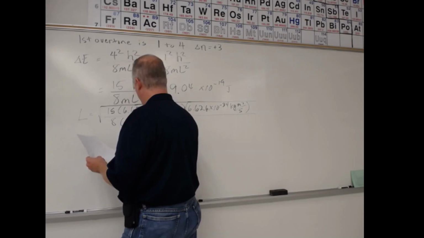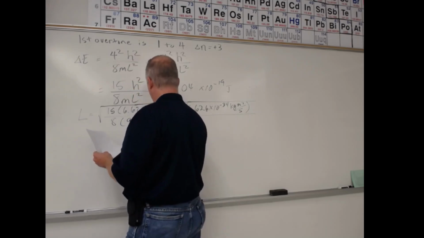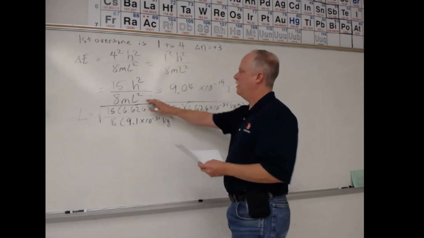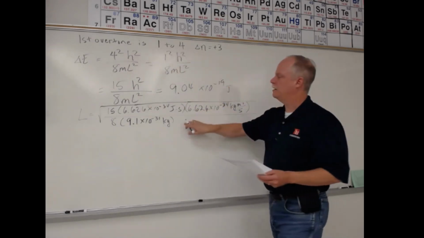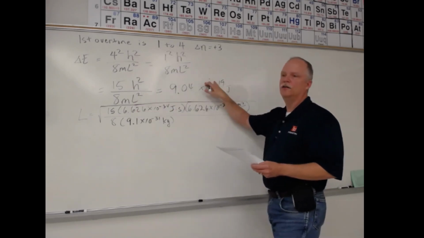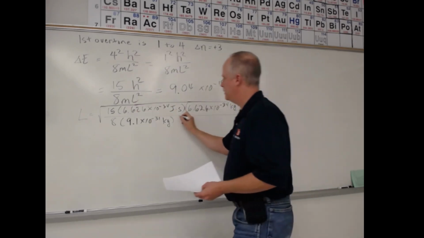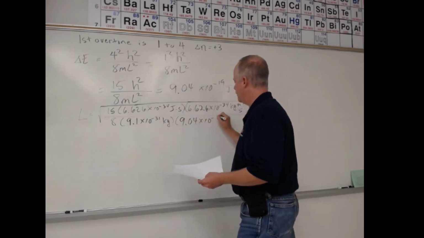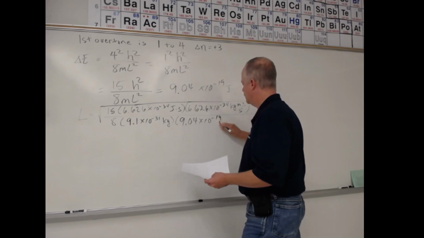Mass of the electron is 9.1 times 10 to the negative 31 kilograms. Now, L squared comes out, I put the energy down in the bottom. So I took the energy over to the denominator and pulled L over to the right. And so this is the energy term, 9.04 times 10 to the minus 19 joules.